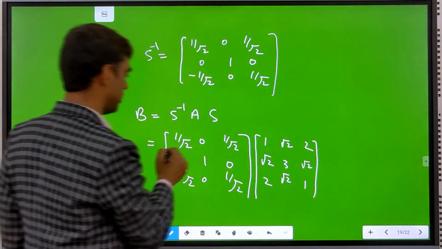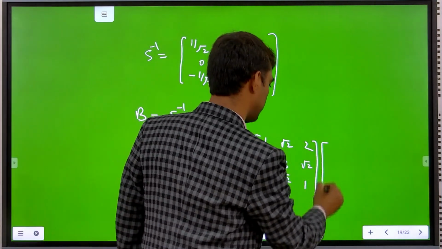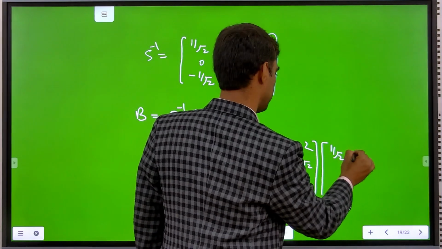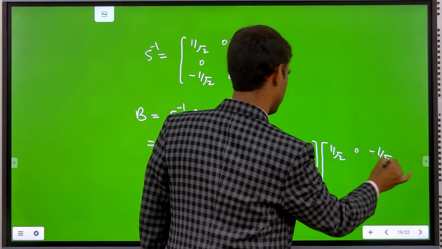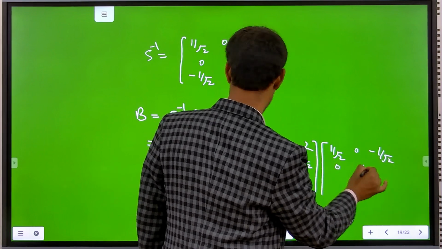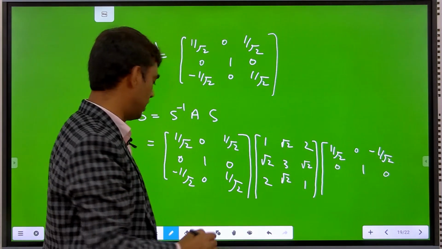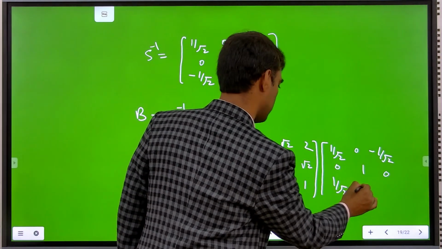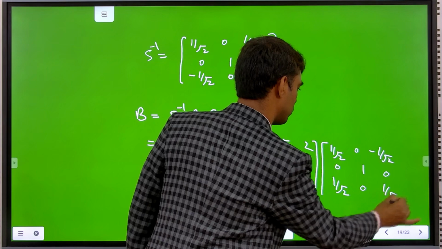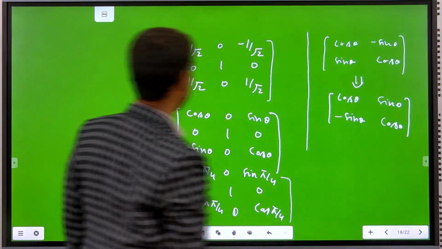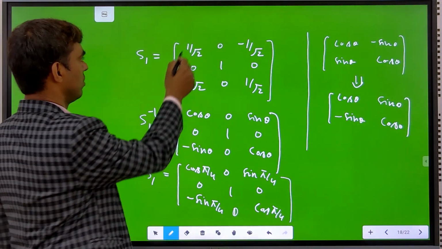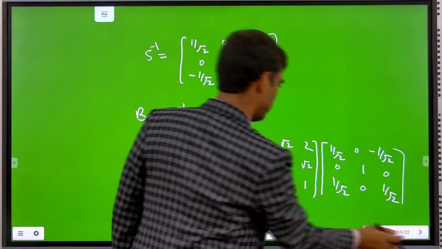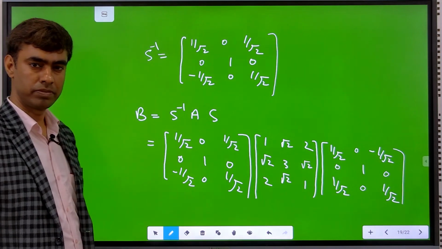And here we write S, which is 1 by root 2, 0, minus 1 by root 2, 0, 1, 0, and the last row 1 by root 2, 0, 1 by root 2. Once we verify, we have written the correct values.